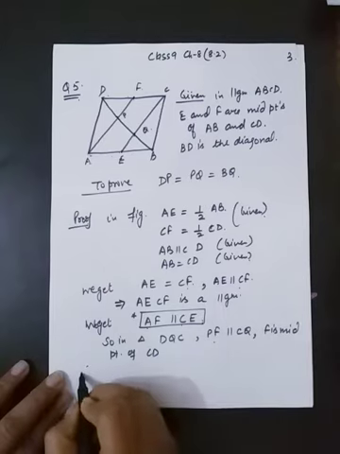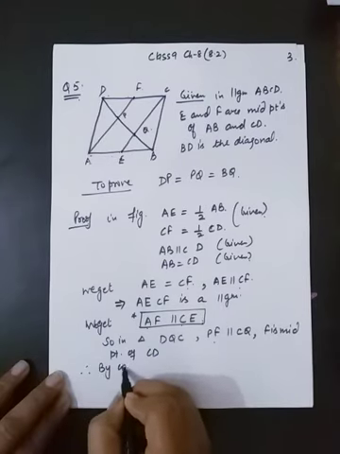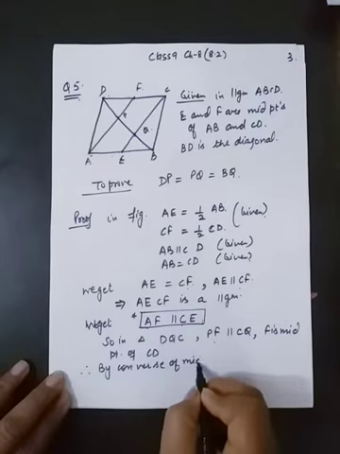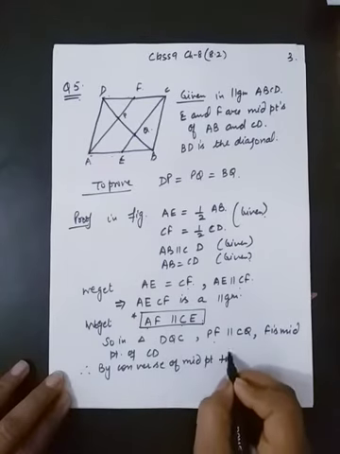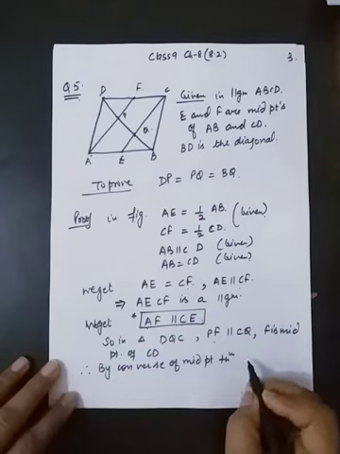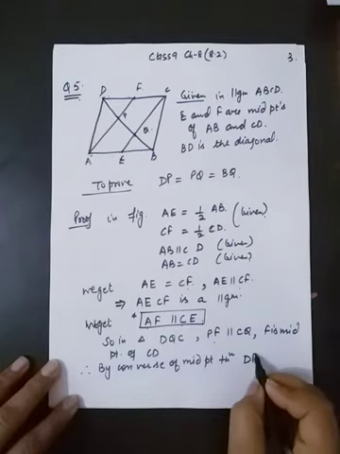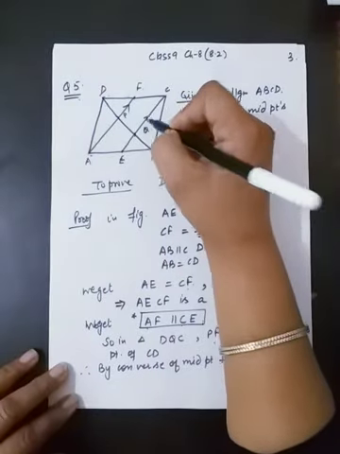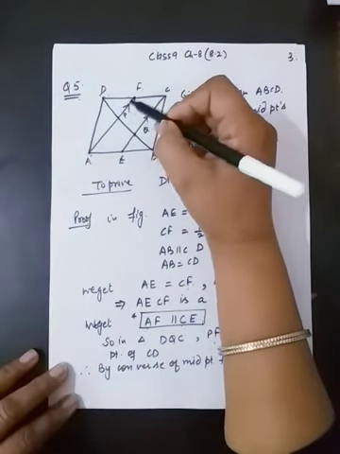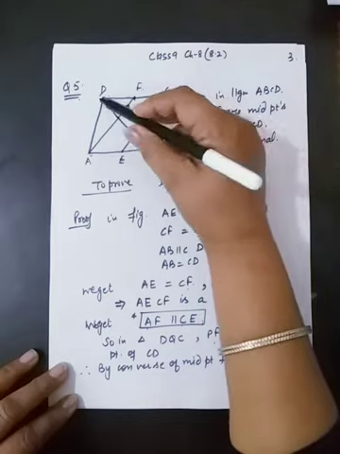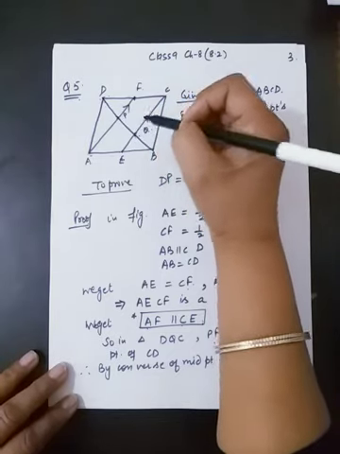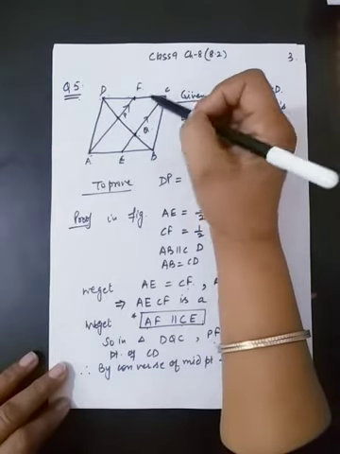So therefore, by the converse of the midpoint theorem, DP is equal to PQ. Meaning this is parallel to this and this midpoint is given. So we will get P is also the midpoint of DQ and we get that DP is equal to PQ in triangle DQC.